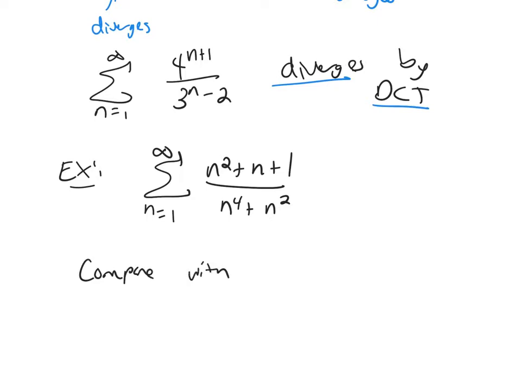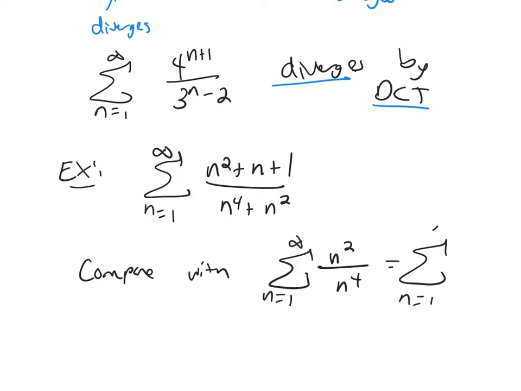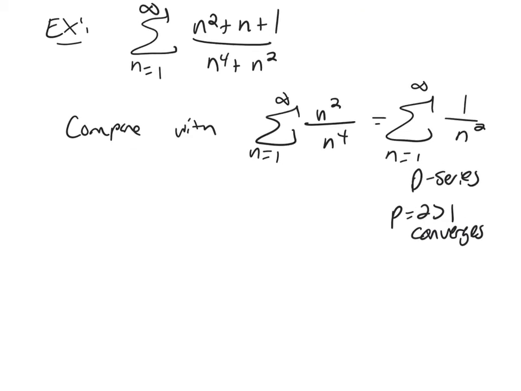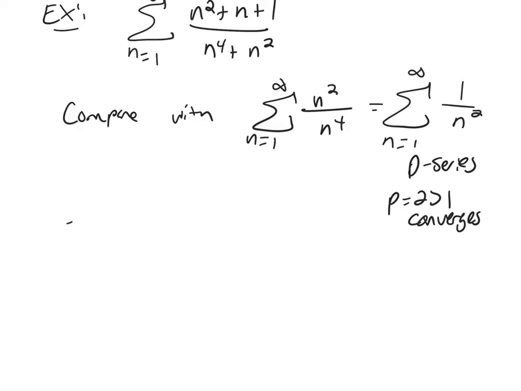Compare with, remember, you take the largest degree in the top, n squared, largest degree in the bottom, and simplify: 1 over n squared. This is a p-series where p is 2, which is bigger than 1, so it converges. And then I would just go ahead and use a limit comparison test because you changed both the numerator and denominator.